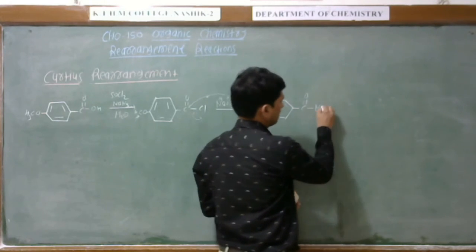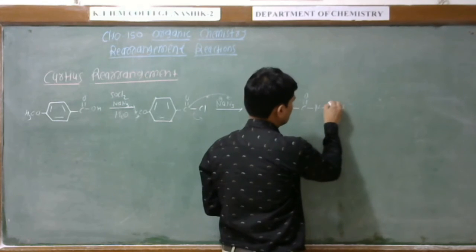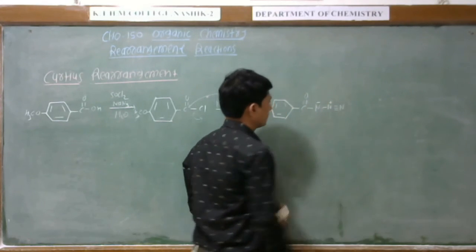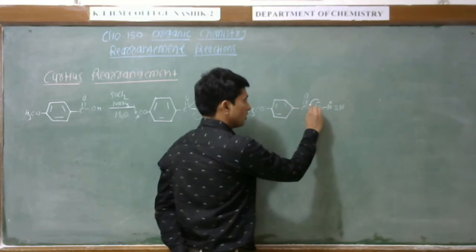See, this is nitrogen, triple bond, nitrogen. This nitrogen having positive charge and this nitrogen having negative charge. Now this nitrogen makes a double bond.